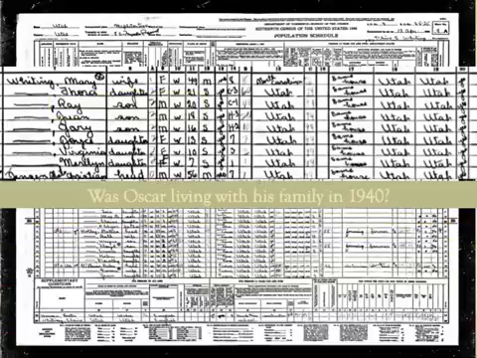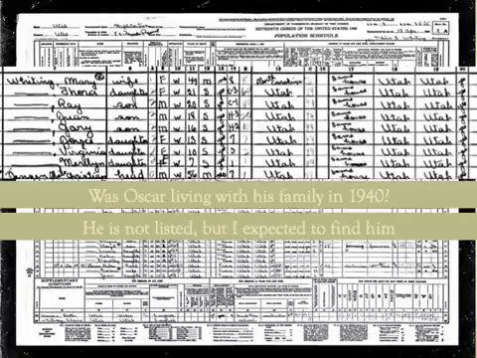If we change the question again to was Oscar living with his family in 1940, we will arrive at another classification. Oscar is not listed, but I expected to find him here because he was on the 1930 census. In this case, the lack of information can itself be a clue.